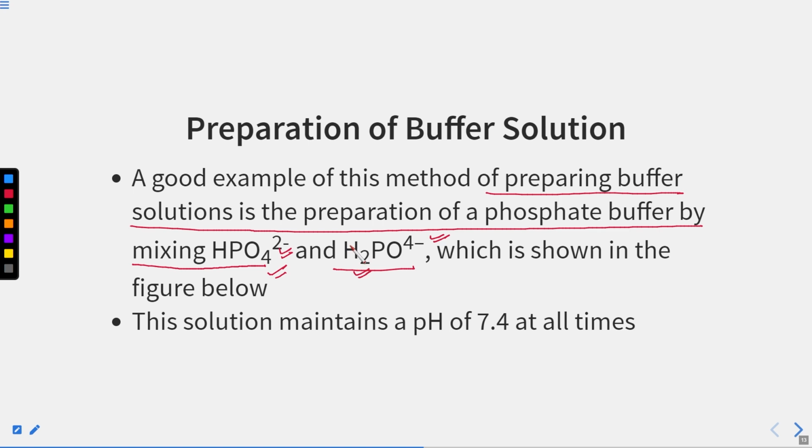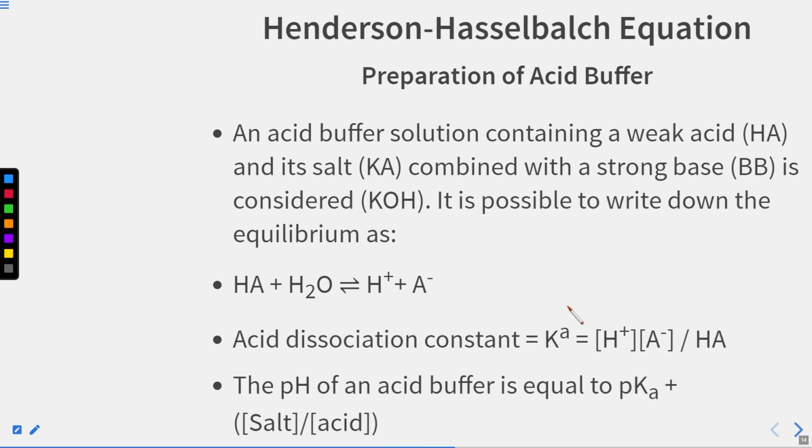This is a method of preparing a buffer solution. So you have to take the HPO4 2 minus ion and the H2PO4 minus ion, as shown in the figure below. This solution maintains a pH of 7.4 at all times.